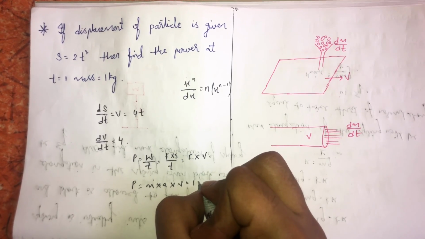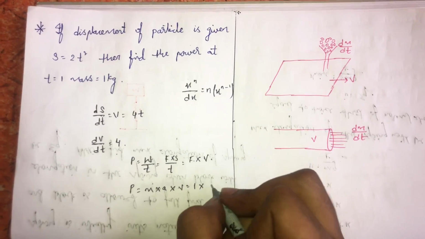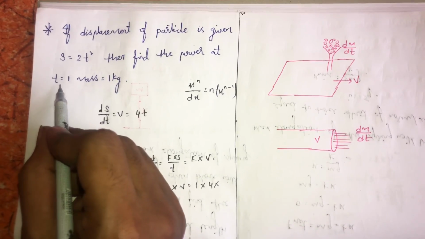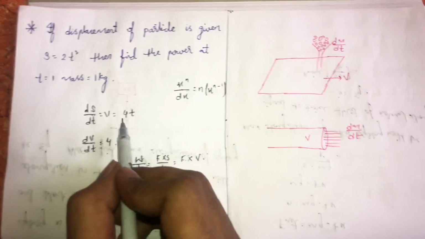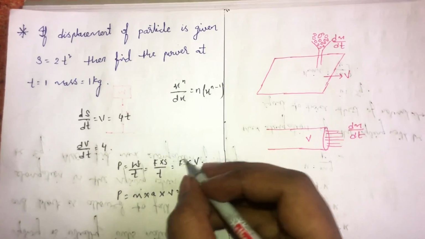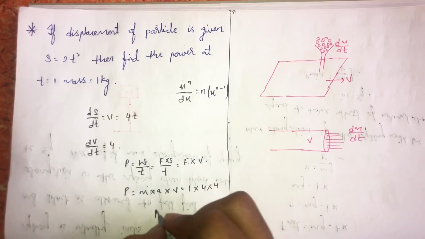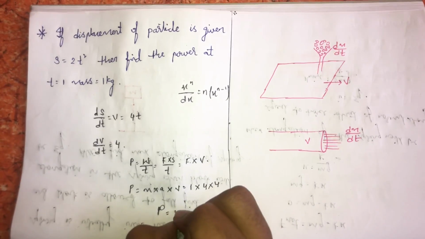Acceleration is nothing but 4. Then velocity, as they asked at time t equals 1, substituting the value of 1 for t, we get velocity also equal to 4. Then power will be equal to 4 fours are 16 watt.